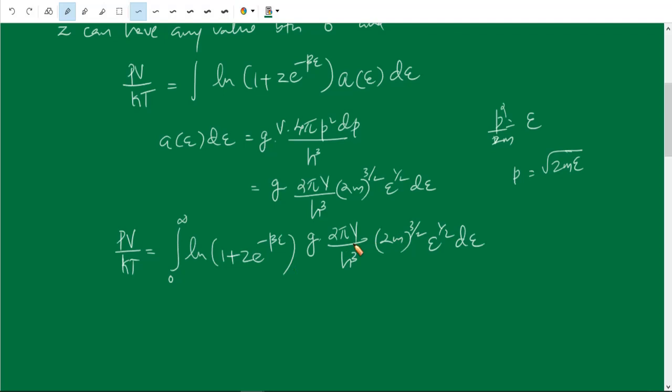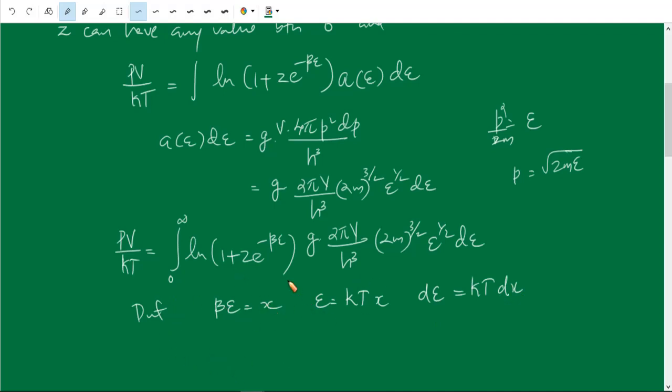Now we can replace this βε by x. That means put βε equal to x. Therefore, ε equals x by β, or kT times x, which means the differential dε is equal to kT dx.